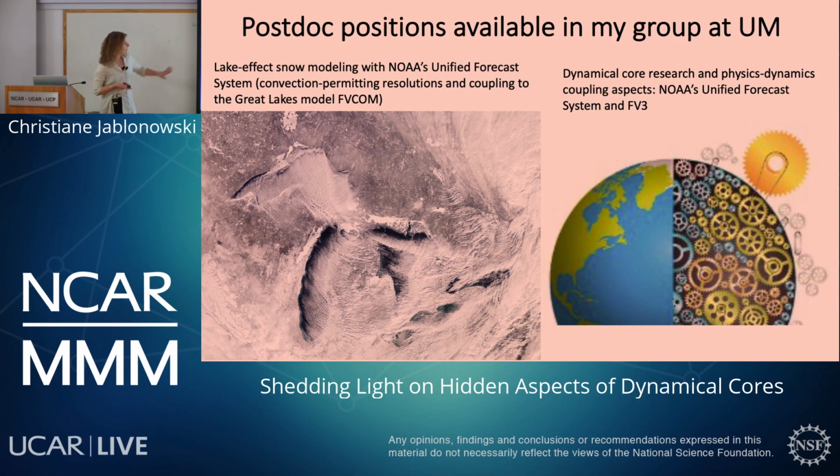And one model configuration or model problem we are looking at is here, the Great Lakes area. You can see the Great Lakes here. This is actually a satellite image of a lake effect snowstorm, which is very frequent in our area. We are using the Unified Forecast System, basically NOAA's weather prediction model, which is under development, convection resolving, or permitting, I should say, to do a better job with the coupling of the Great Lakes.